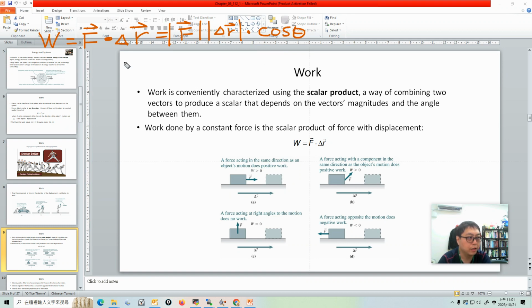Let's try it. If your force is parallel to the displacement, that means theta is 0, and cosine theta is equal to 1.